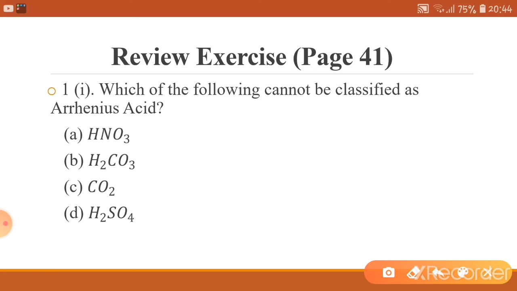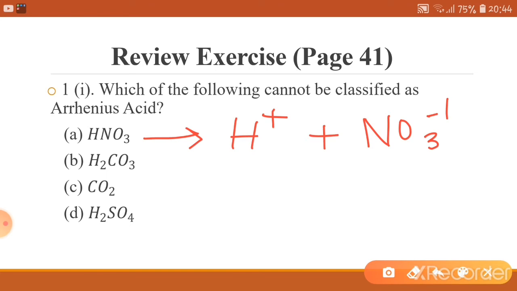Now you know that nitric acid, when dissolved in water, results in the creation of hydrogen ion and nitrate ion. Since it is generating hydrogen ion in the solution, therefore we can consider it as an Arrhenius acid.